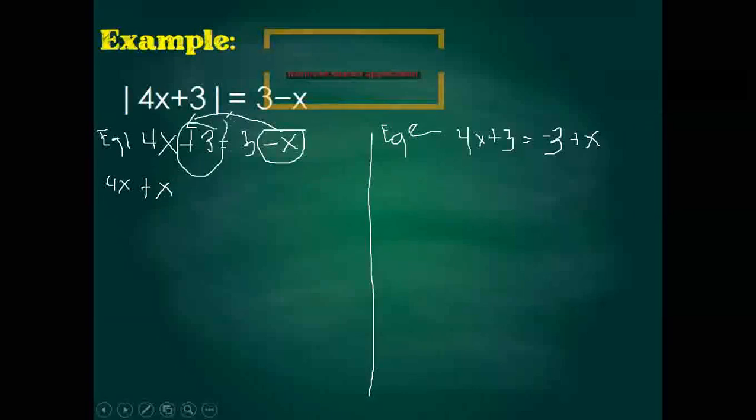So positive 3 transposed to the other side equals 3, minus 3. So 4x plus x is 5x. So 3 minus 3 will be 0.